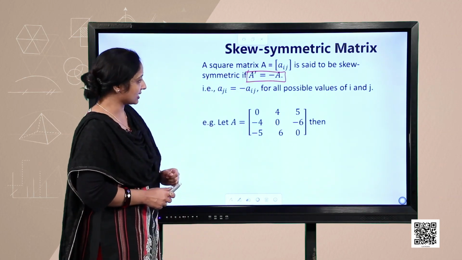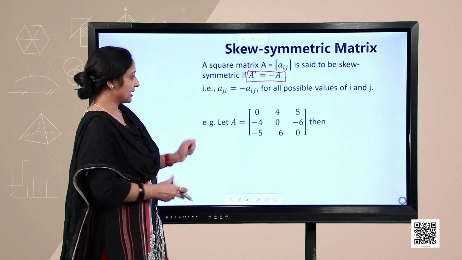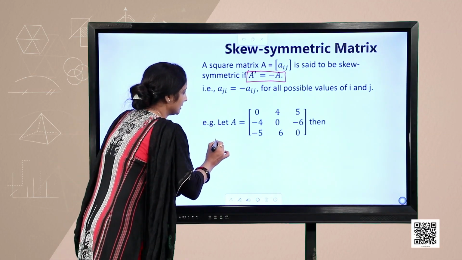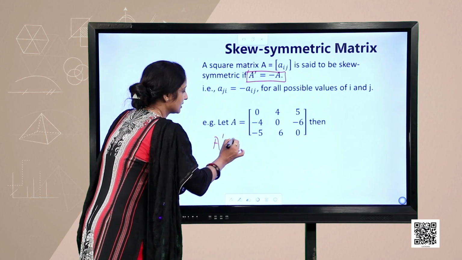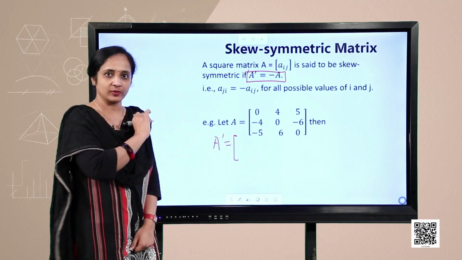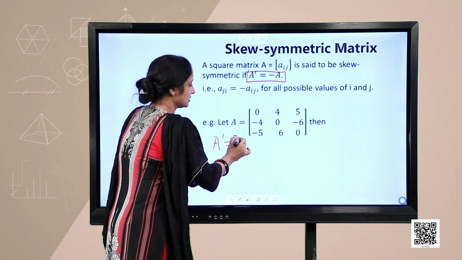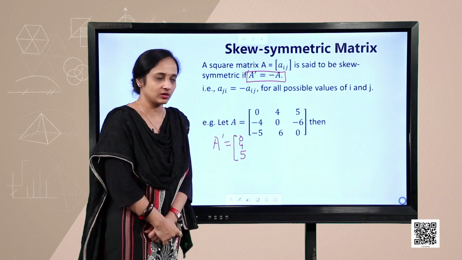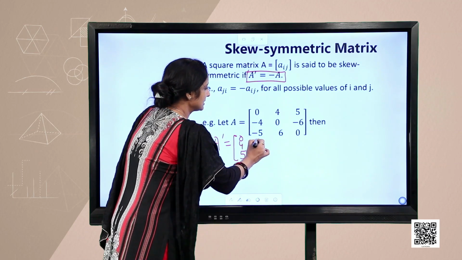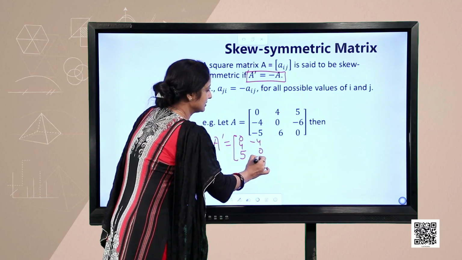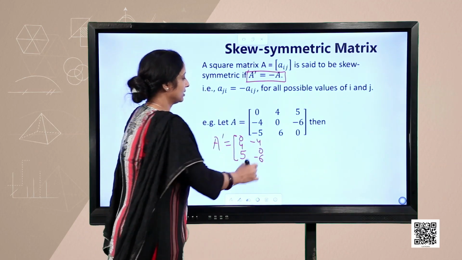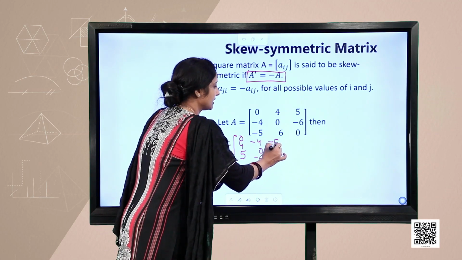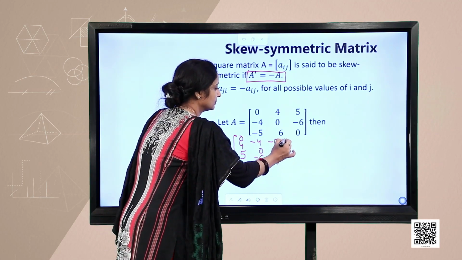So let's take this example of matrix A and let's calculate its transpose. You are already aware of how to make its transpose. That means you can write its first row as first column, then second row as second column, third row as third column.